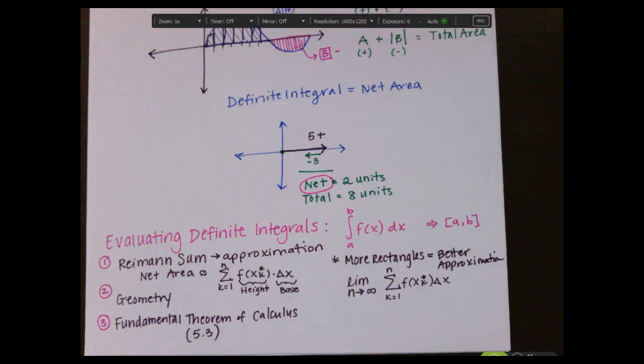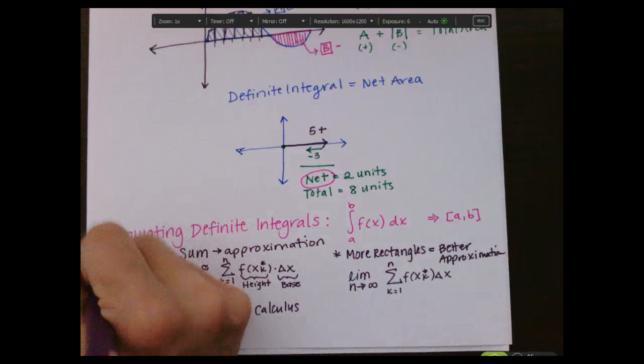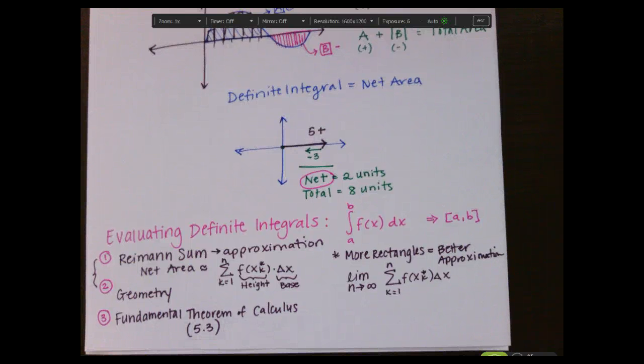But in that section, we will learn how to evaluate this definite integral through a very handy little theorem that someone proved that helps us to calculate this in a very quick, easy way. So in this section, we're going to focus on the first two approaches, and later on we'll learn what I consider to be a shortcut, which is the fundamental theorem of calculus.